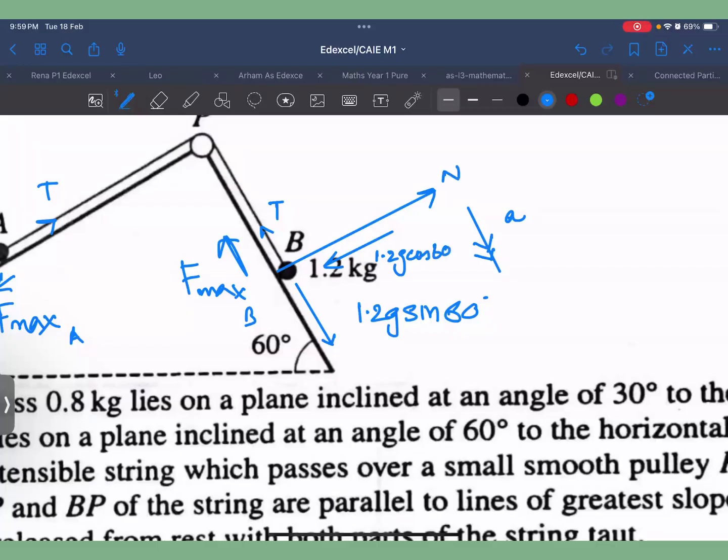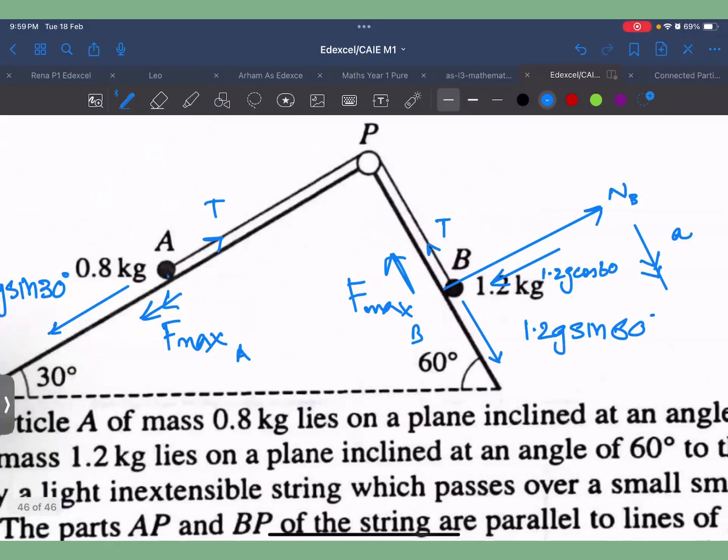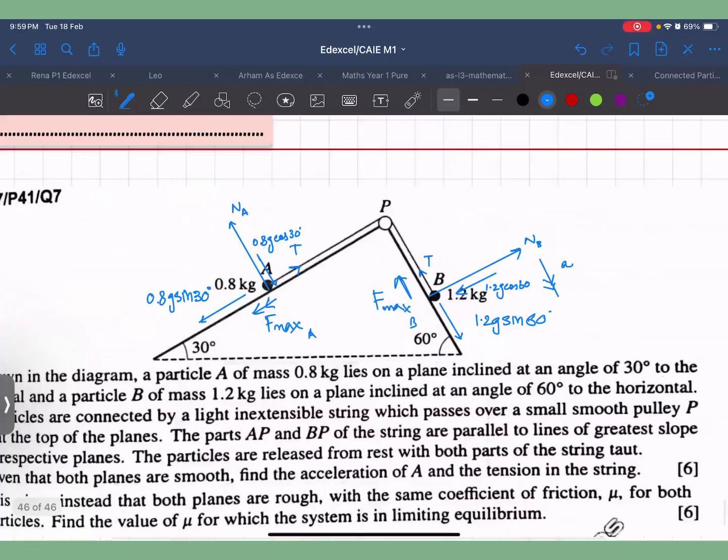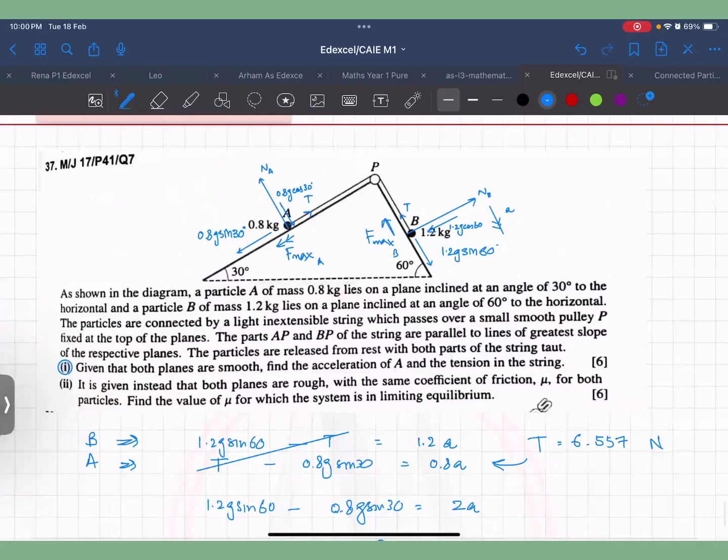This is N for B. This is N for A, and this will be the same as the normal component perpendicular to the plane, which would be 0.8 g cos 30. So we can find the F max for A and F max for B.